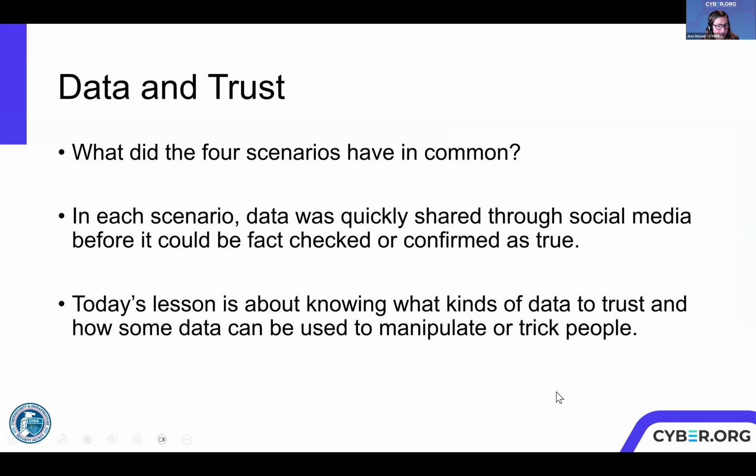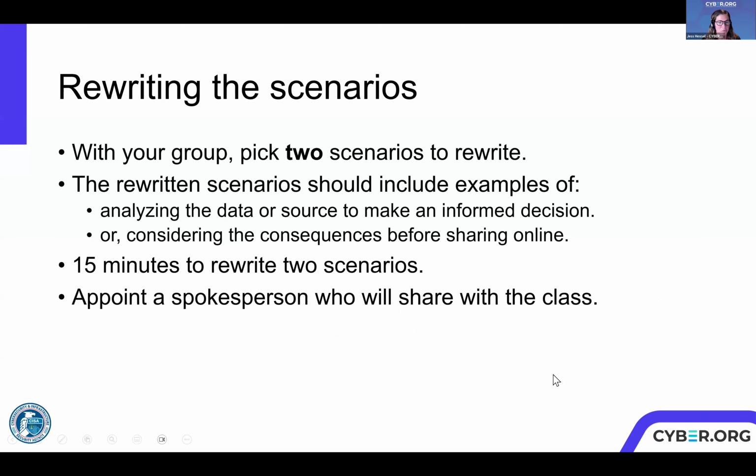I have deleted some of those slides from this presentation because I don't want to define all of those to you. But then once you've had time to define and discuss subjective versus objective, analyzing sources, the ethics of sharing and creating false information, then we go back to those same 4 scenarios and have groups rewrite 2 of them.